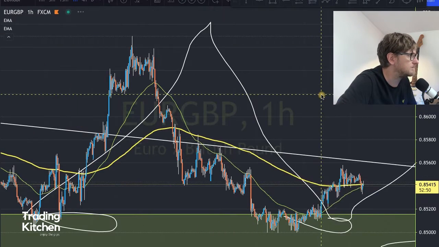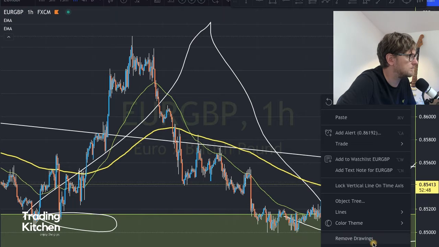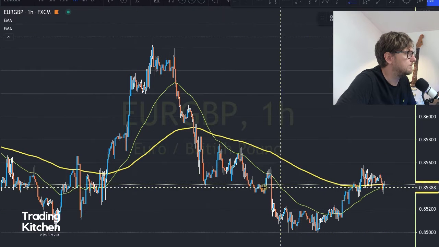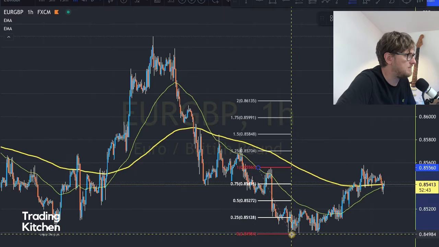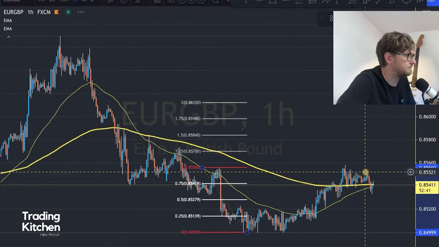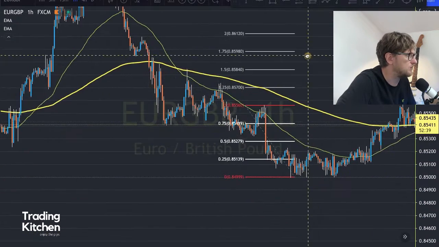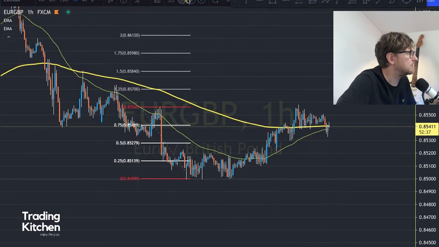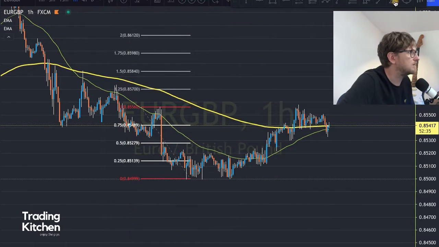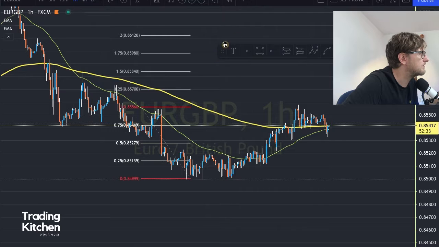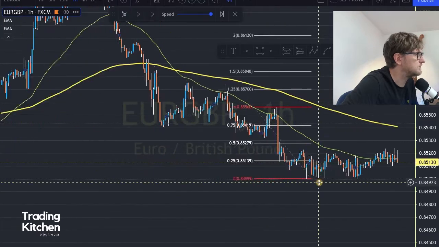And as you can see, let me remove, we have this impulse. Obviously, when I saw this signal, let me take replay mode, I was more or less here.